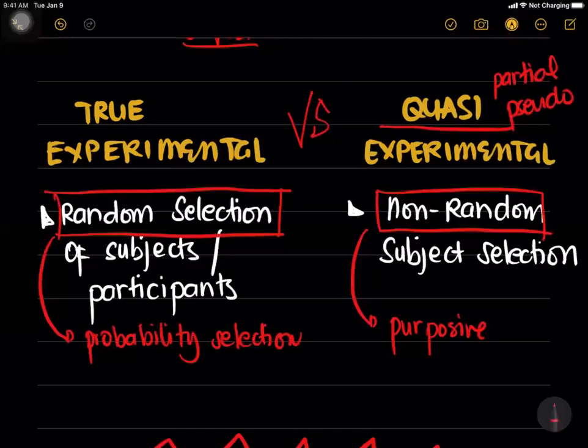There is still manipulation, there is still control, but the manner in which you select your respondents in quasi-experimental is purposive, or prone to bias, as compared to true experimental. This bias is caused by purposive rather than random selection of your participants.